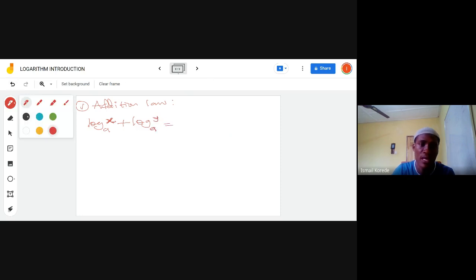It has to be base A here and base A here, or base 10 and base 10, or base 5 and base 5, before the law can hold. And you also have an addition sign in between the two logs. To manipulate these two logs, you pick one log to that common base and you multiply the numbers, x times y.